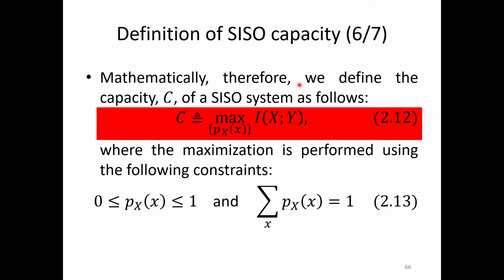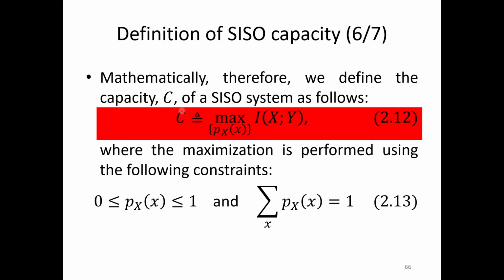Mathematically, therefore, we define the capacity C of a SISO system as follows. You can see that there is a red rectangle behind this equation, so it means that this equation is very important.